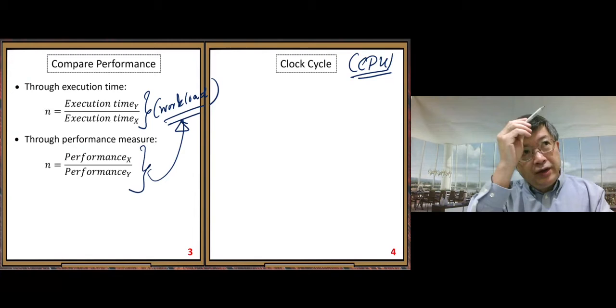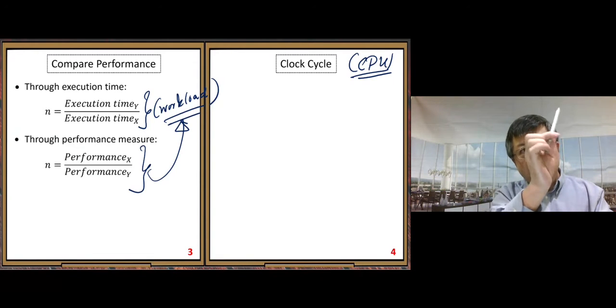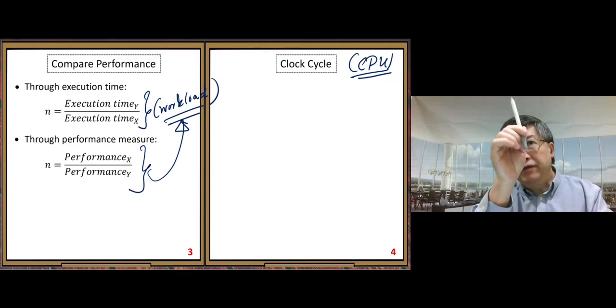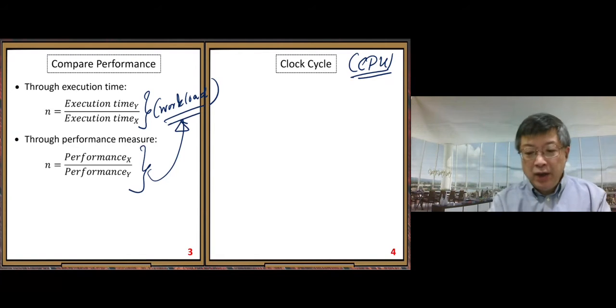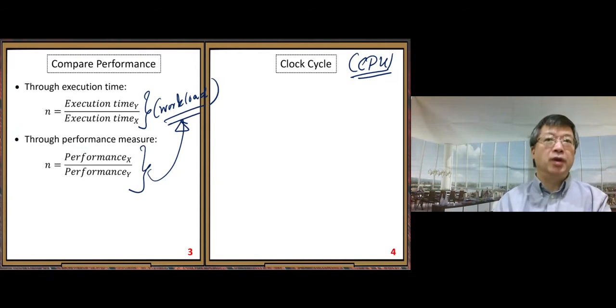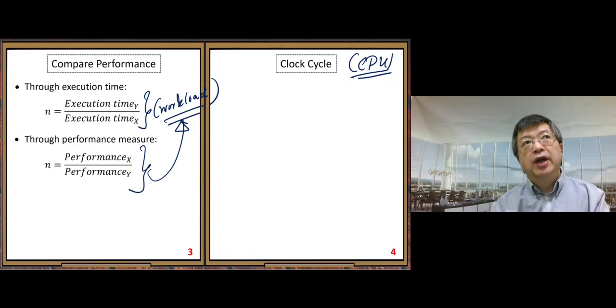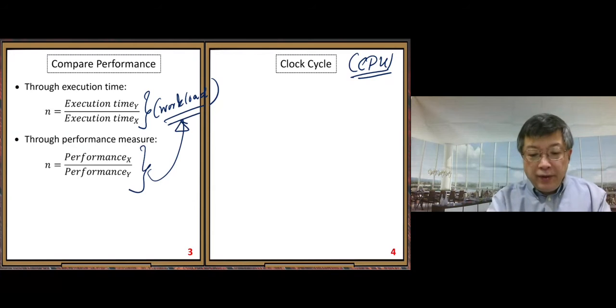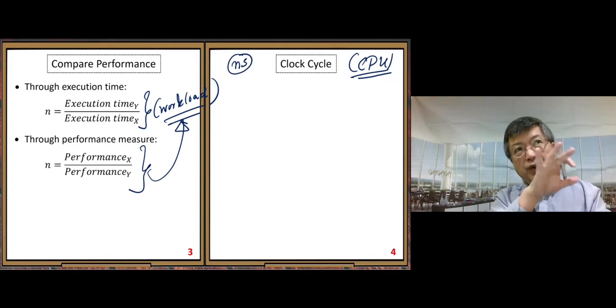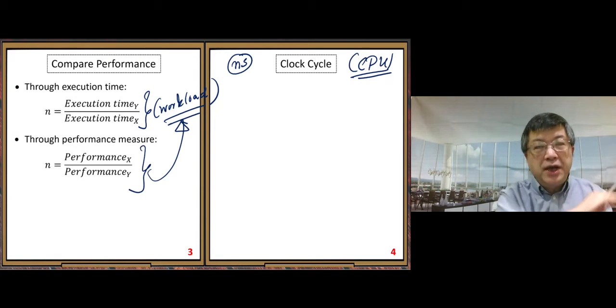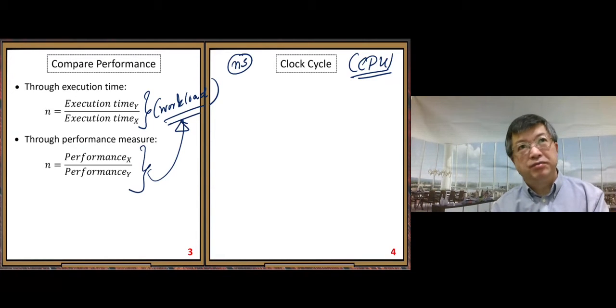Every time the clock moves forward 1 unit of time, that unit of time is the CPU clock cycle, usually in the range of nanoseconds, ns. That fast. So you get an idea how fast the CPU clock is.